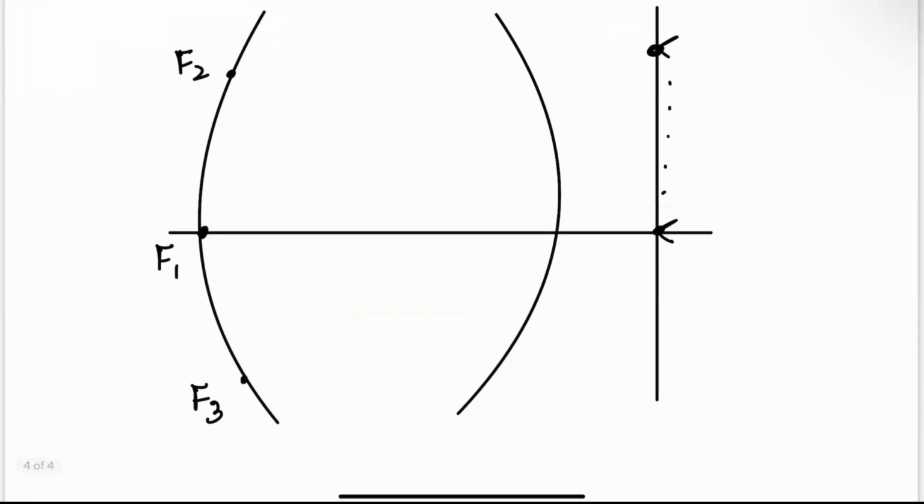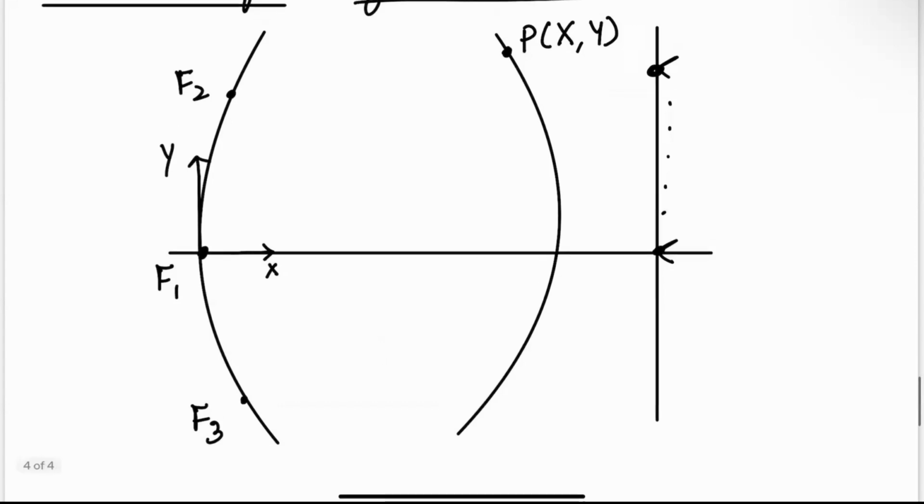Okay, and let's label some of these lines now. So I have, let's say, some arbitrary point on this contour. I'll call it P of X comma Y, capital X comma capital Y. And my origin is on the left here, with X going that way and Y going this way. Okay, and then we'll draw some lines, basically with geometry. So I'll call this line L2, from F2 to P. And then obviously this one would be L1.